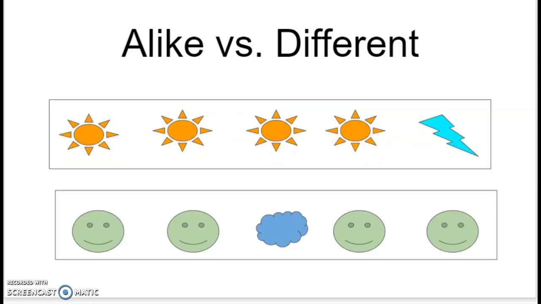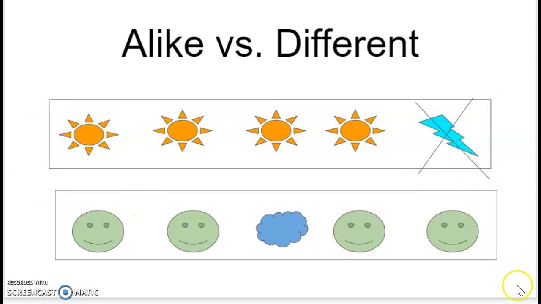I see that one of them is different, and so I might put an X on the one that's different. So that might look like this. I'm going to put an X on that one because it is different, right? I found the one that's different. Like that, right? So it's X, it's different.